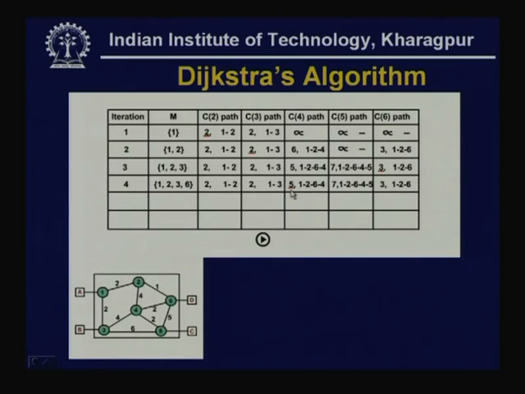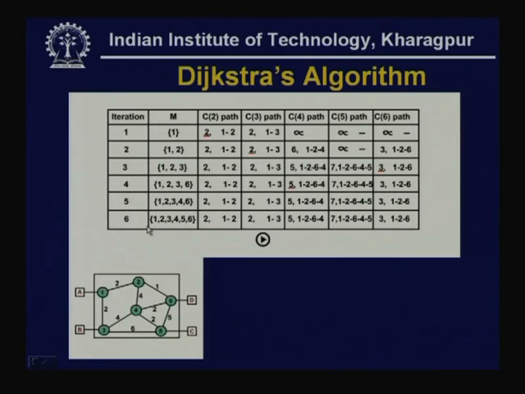Now, you have to include this 4 into this set, and after including 4, now the list is 1, 2, 3, 4, 6, and this cost remains unchanged. Here also it remains unchanged, 1, 2, 6, 4, 5, it remains unchanged. Here it becomes 1 to 6. Now, we find the final solution and everything remains unchanged.